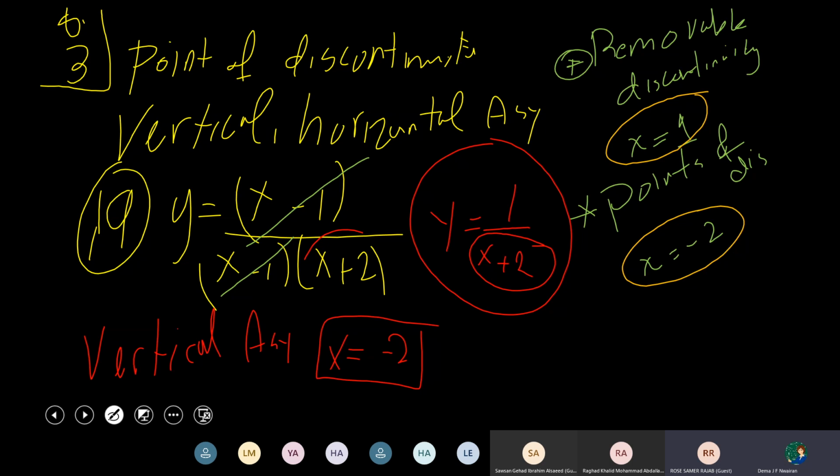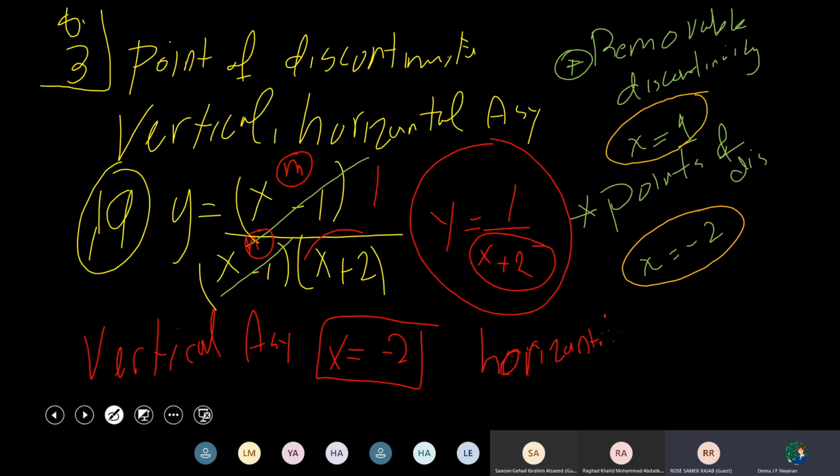Yes, Rose. Now horizontal. For the horizontal asymptote, if m is less than n, the horizontal asymptote will be y equals 0. Now I look at the power on the numerator. Here it's x raised to the power 1. Look at the denominator now.